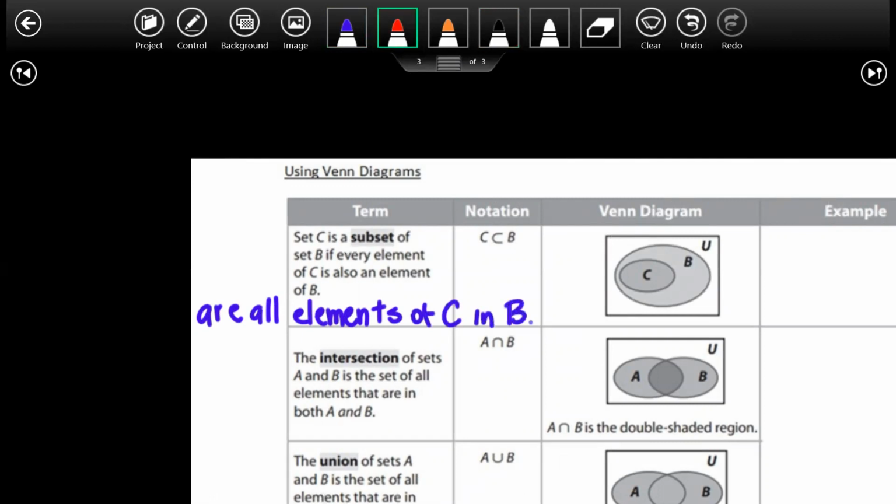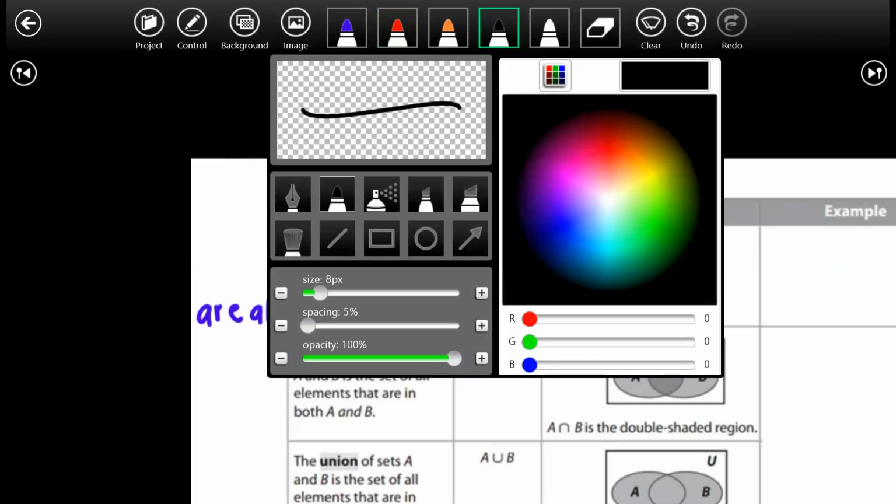Meaning, for it to be true, every single element that's in C must be in B. We'll do an example of this so it's clear. Does everything of C happen to be in B? No. Let's look at it. You're doing a reverse.